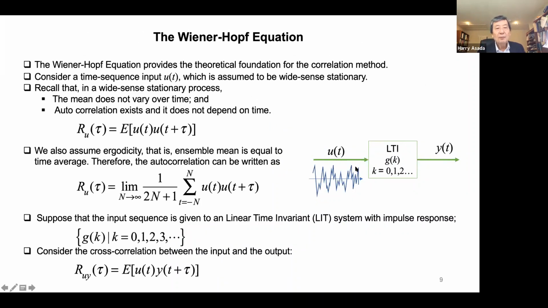First, the Wiener-Hopf equation provides the theoretical foundations for the correlation method, so it's very important. We consider a time sequence input UT, which is assumed to be wide sense stationary. What is wide sense stationary? Do you remember that? It has to satisfy two conditions. One is that the mean value is constant over time.